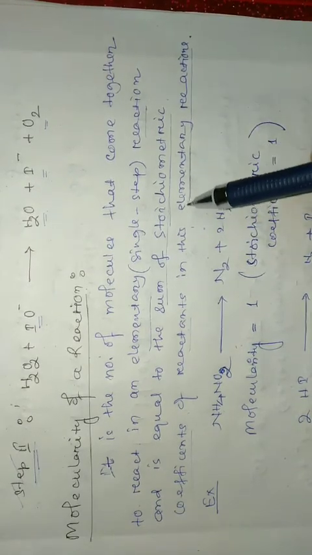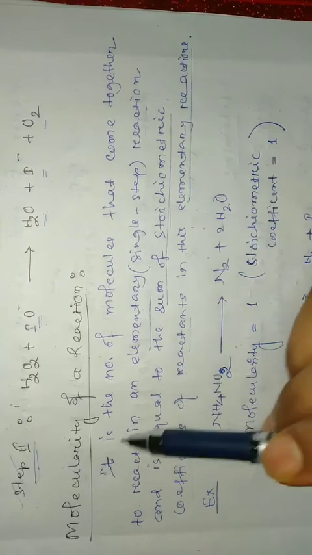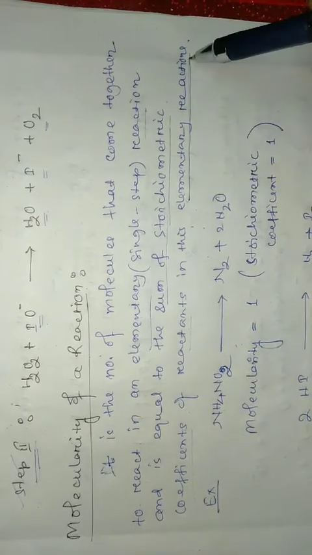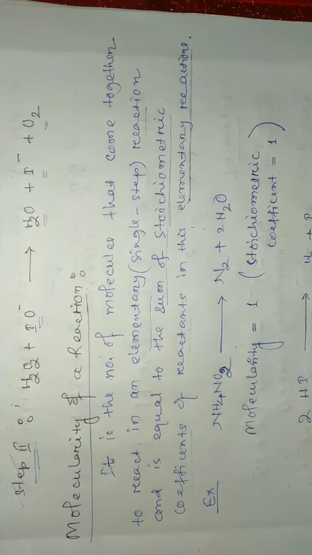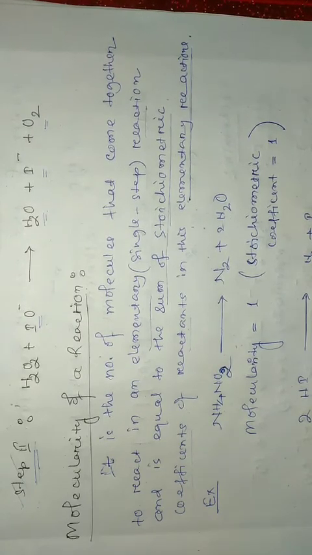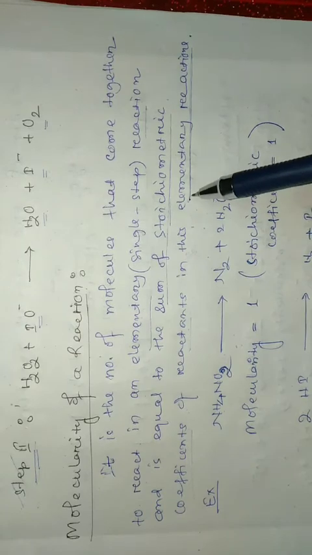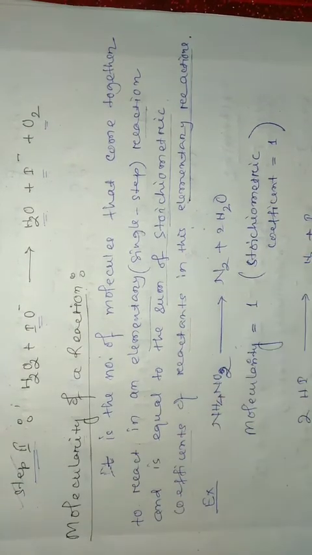Molecularity is not related to complex reactions. The term molecularity is related to elementary reactions, because there are two types of reactions, complex reactions and elementary reactions. In an elementary reaction, the total number of reactant molecules that react with each other for the formation of the product, that number is called the molecularity of the reaction.